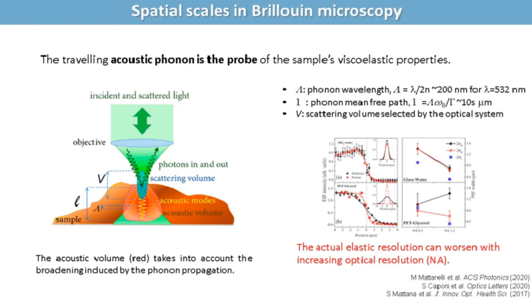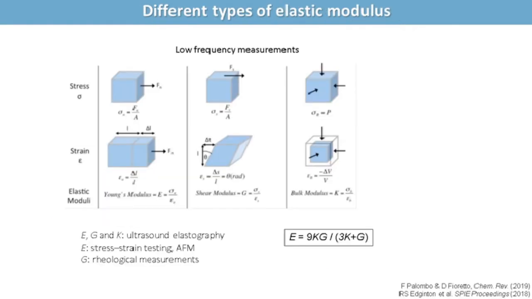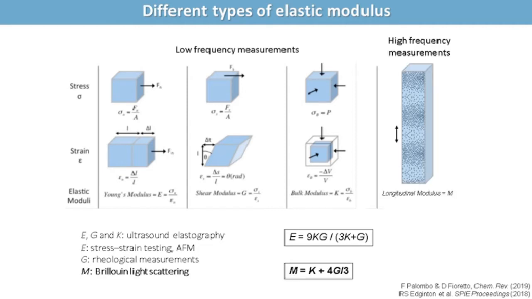The other consideration is that there are different types of moduli. We are all familiar with Young's, shear, and bulk moduli that are measured through quasi-static experiments, and they are related to each other through this expression. In Brillouin, we measure the longitudinal elastic modulus through high-frequency measurements in the gigahertz range, as I've shown.